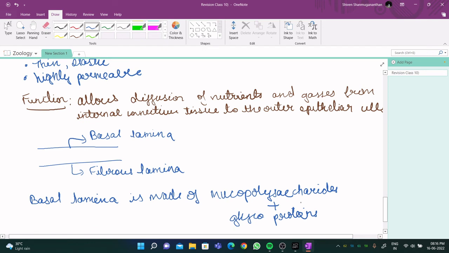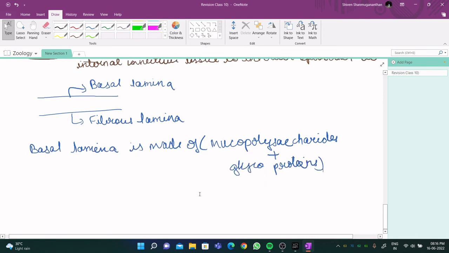So it is a mixture of sugars and proteins. Now, this mixture is secreted by the epithelial cells.